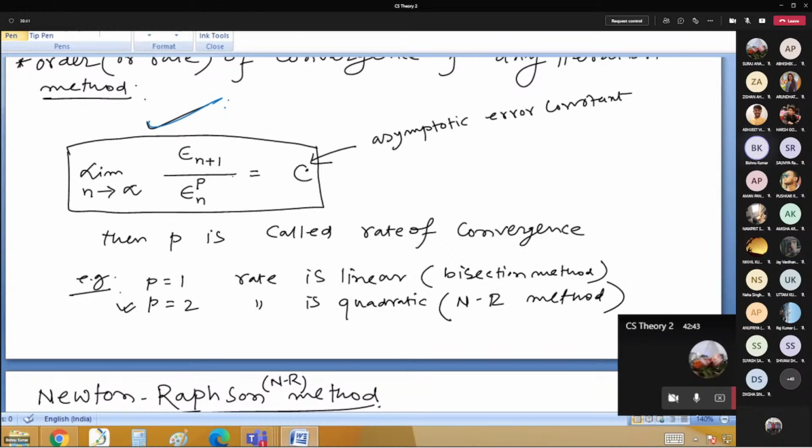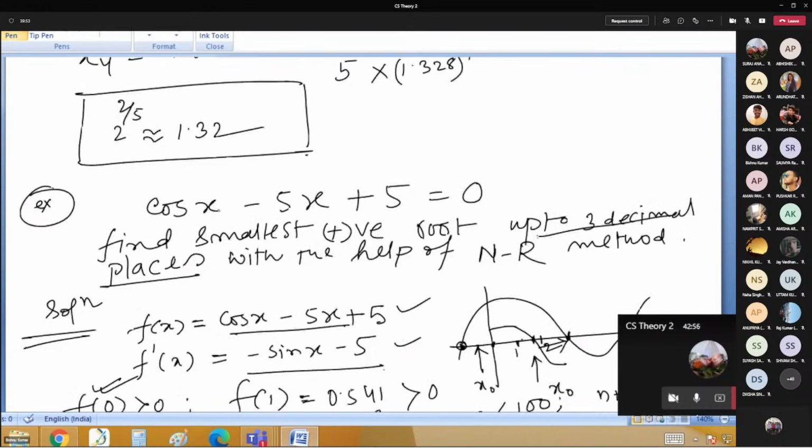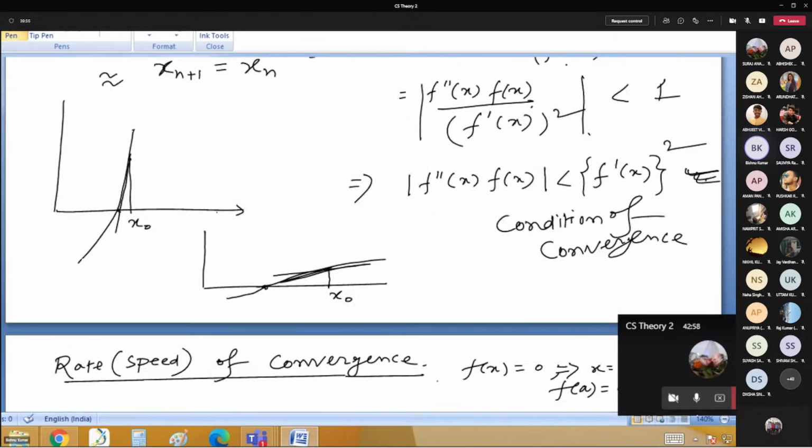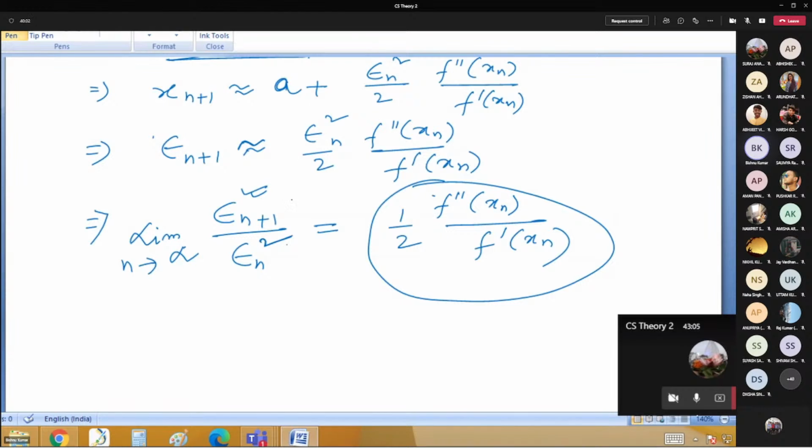Okay. Yes, sir. So along with this, you just compare. This was the general definition. In the Newton-Raphson method, the p value you are getting is 2. So the rate of convergence in the Newton-Raphson method is quadratic. Here that 2 is coming. Okay, is it okay?